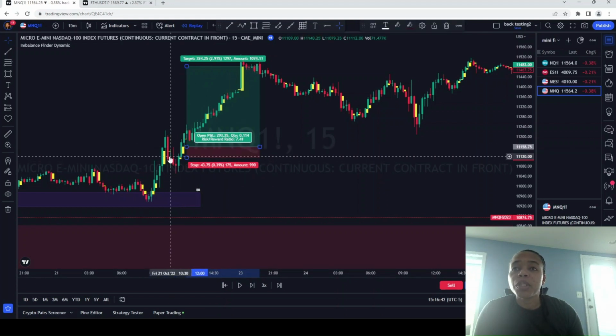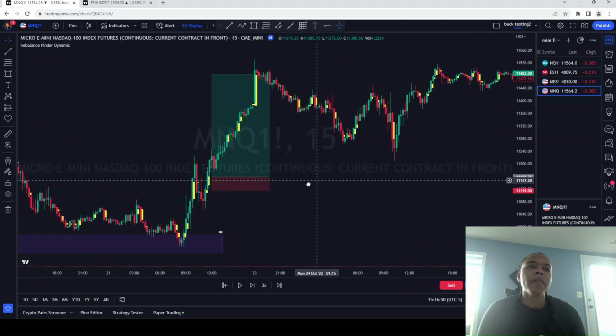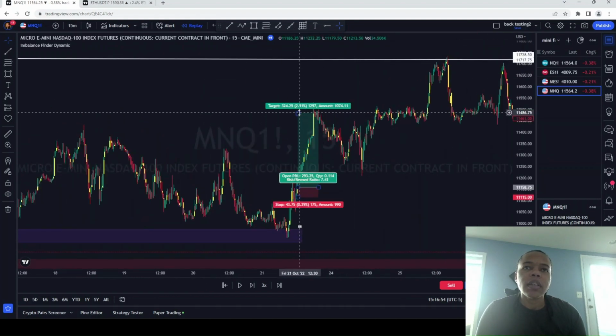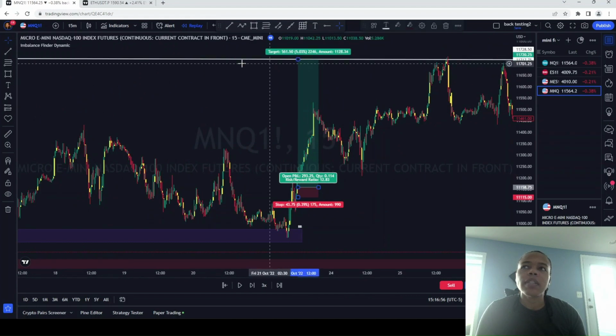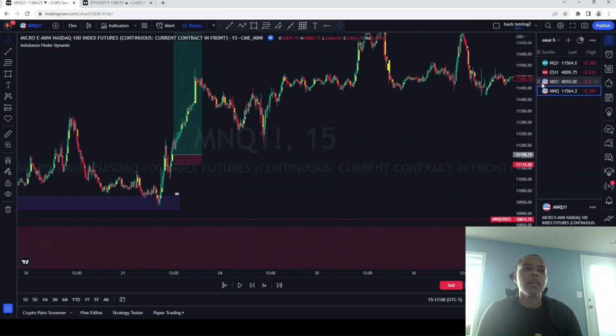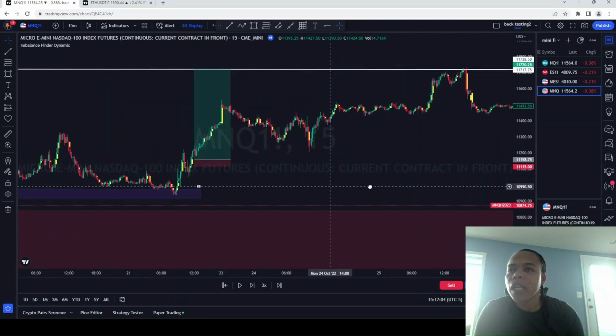Or if you're really bullish, you could put it in the middle of this thing and put it below this candle, and you would have been stopped out. But if you're aiming for these relative equal highs up top here, then you would have gotten what you wanted.